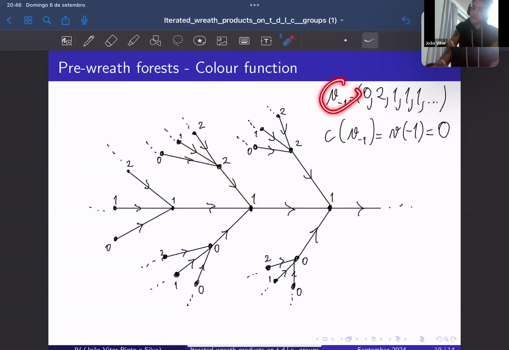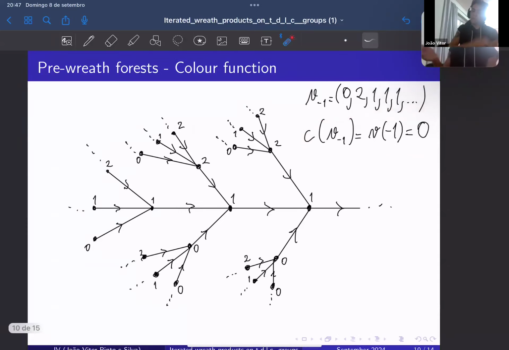I can define the coloring of it to be what the value of it on minus 1 is. In this case, the value of it on minus 1 is 0. So with the definition that I had for these forests, in this case it's just a tree, but in bigger lines, if it's Z by Z, it would be a forest, I already have a coloring built into the definition.